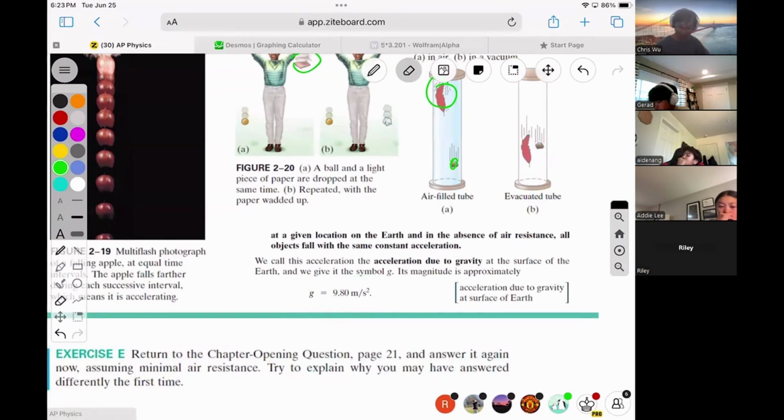So that's that. We use a small letter g for gravity, and we call this the gravitational acceleration, which has units of meters per second squared.